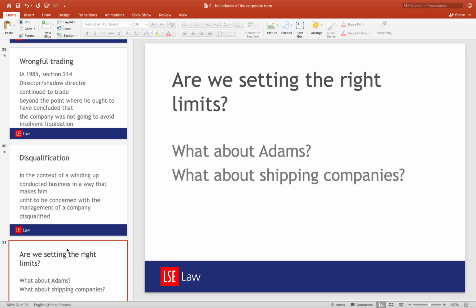And the question for you to think about is, is that something that you agree with, or is that something you would like to criticize? Are you worried about Mr. Adams? Are you concerned about shipping companies? Should there be circumstances in which a parent company is liable, or also the residents of that Kenyan plantation?